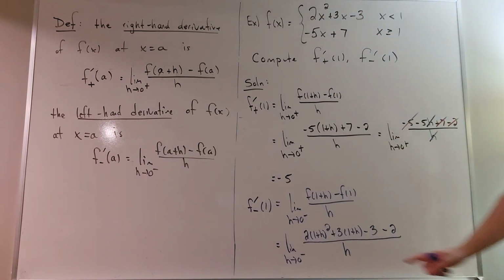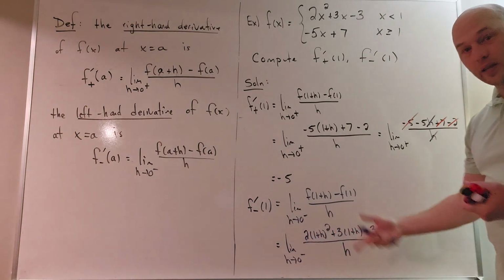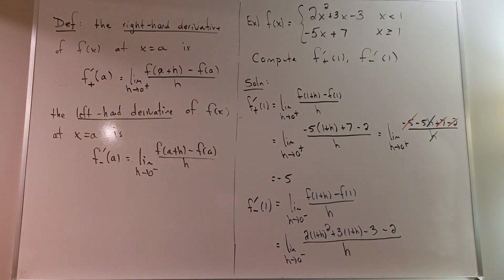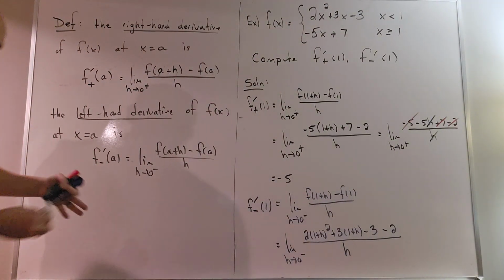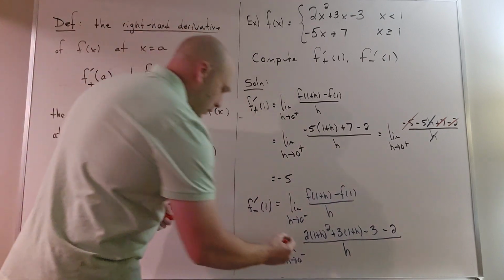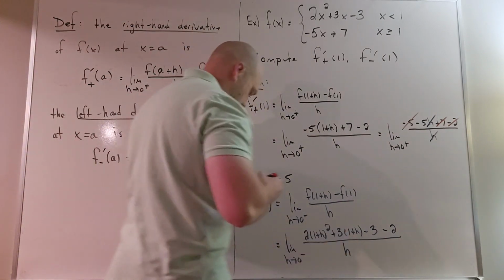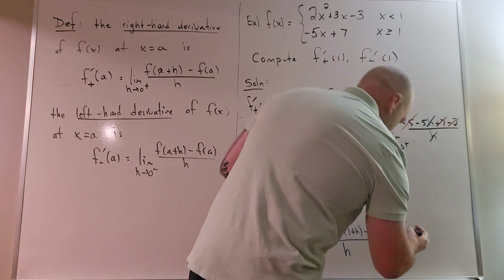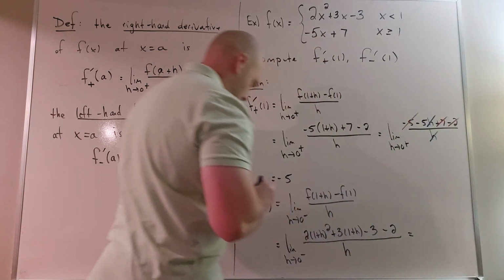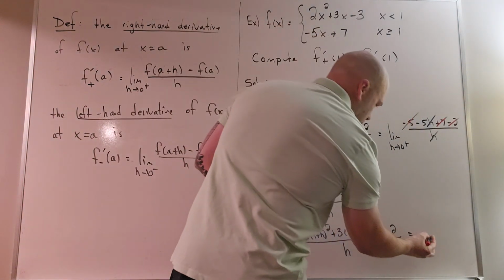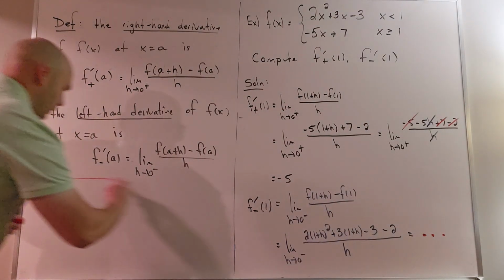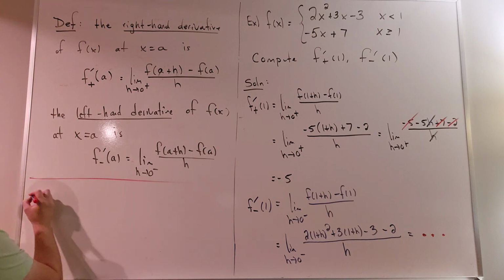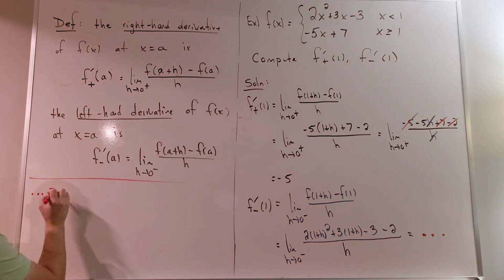All right, so from here on out, I just have to expand this and then simplify as much as I can. Okay, let's go ahead and do that. I will continue that over here. So just so I can leave everything up on the board, I'll say dot, dot, dot, and then equals.